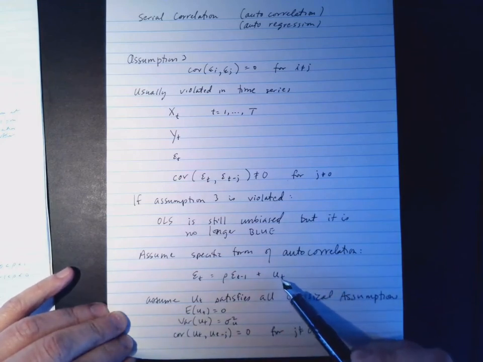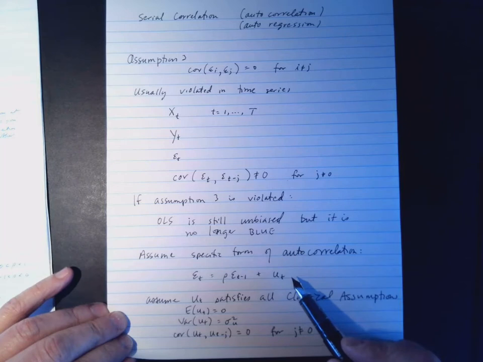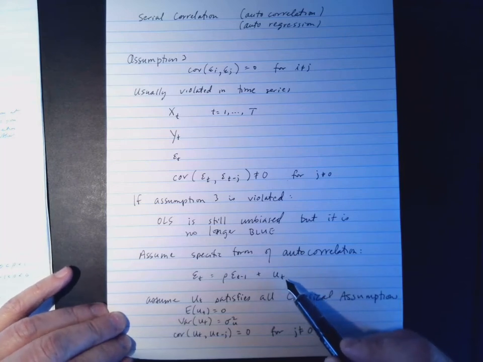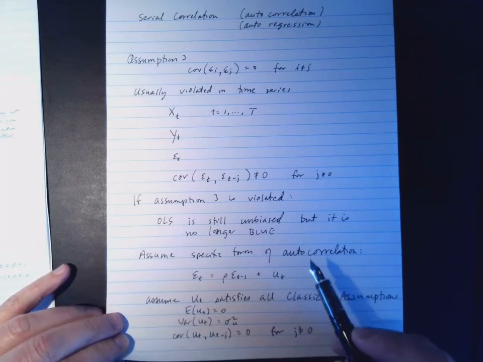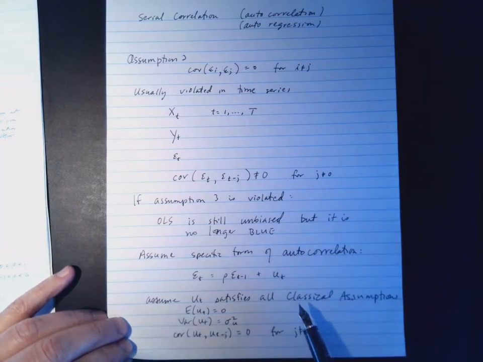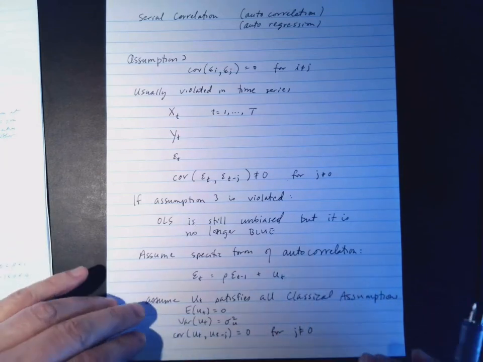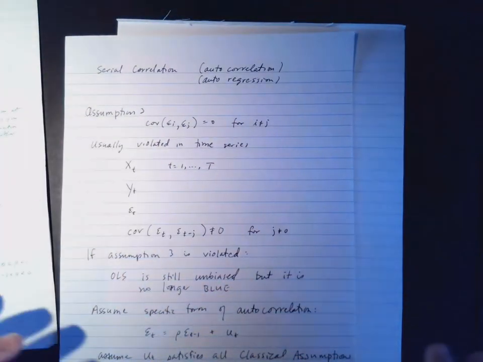We call these white noise terms, or some of the geekier people call them independent and identically distributed random variables, but the jargon in statistics and econometrics is that u is called a white noise random term. White noise means that it's completely uncorrelated over time. It's the classical error term.